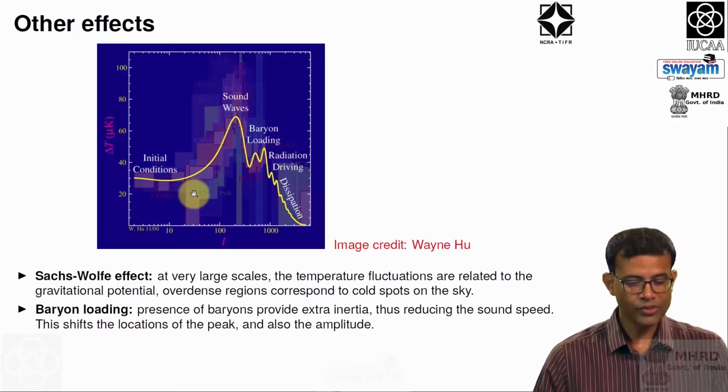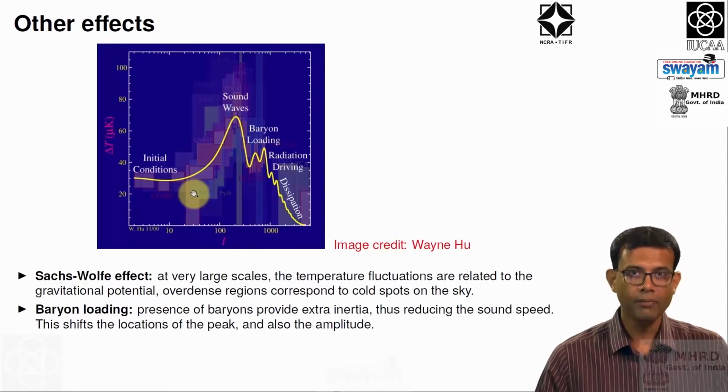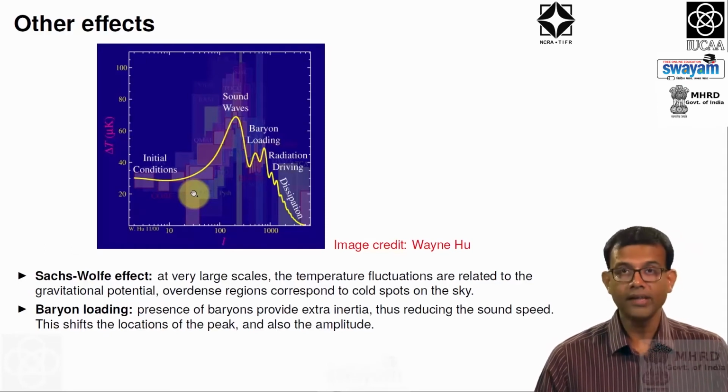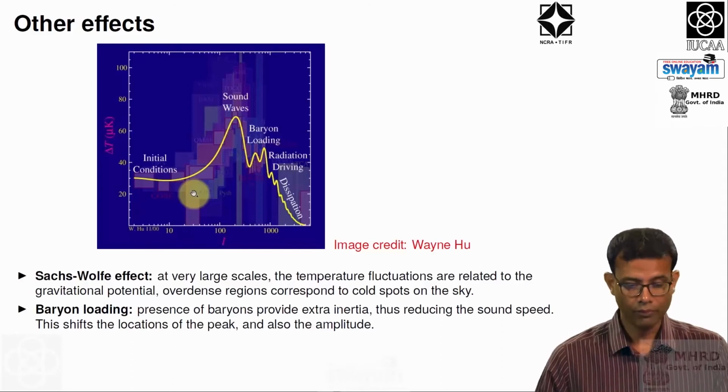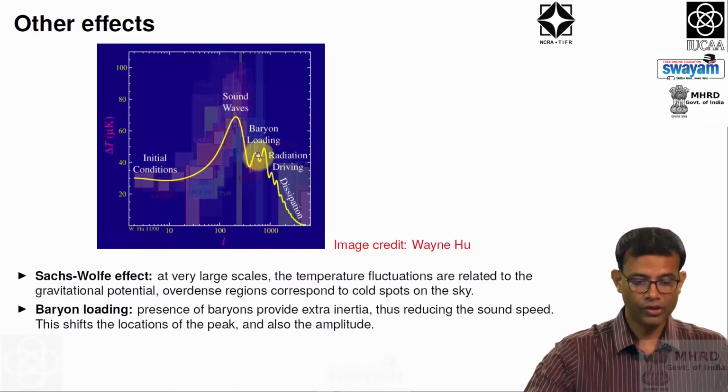So, this presence of baryons will provide some extra inertia, and that will essentially reduce the sound speed by some factor. This will shift the locations of the peaks by some amount and also will change the amplitude. So, baryon loading starts affecting things somewhere here.